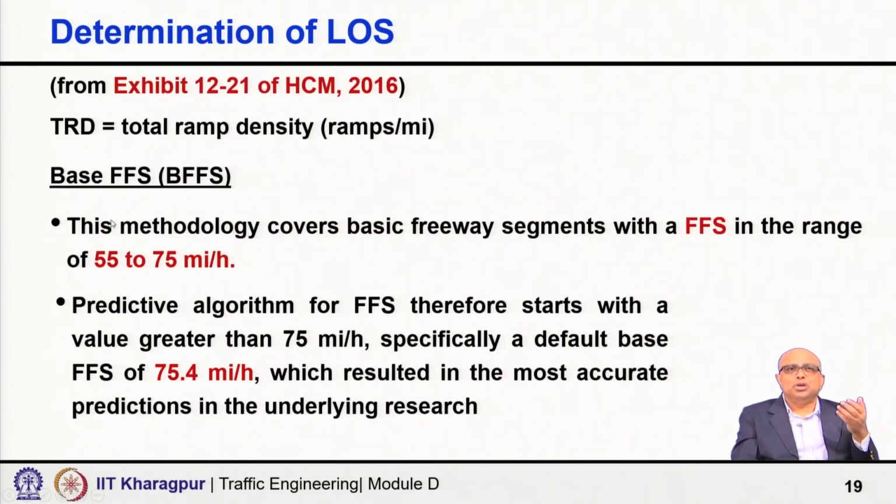Now, going to two more things regarding FFS or BFFS, base FFS. This methodology covers basic freeway segments with FFS in the range of 55 to 75 miles per hour. Based on that it is developed. So, there are predictive algorithms or equations.